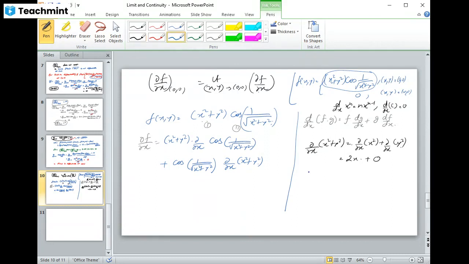So what does it mean? ∂/∂x of (x² + y²) is equal to 2x. So we'll get the value of this particular part. Now come to this one.